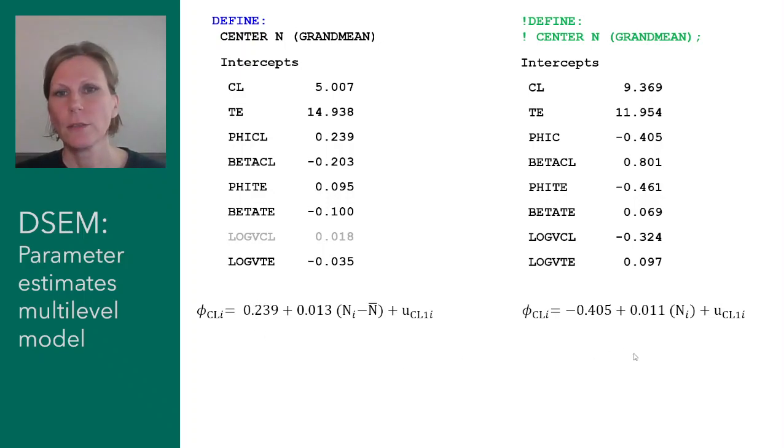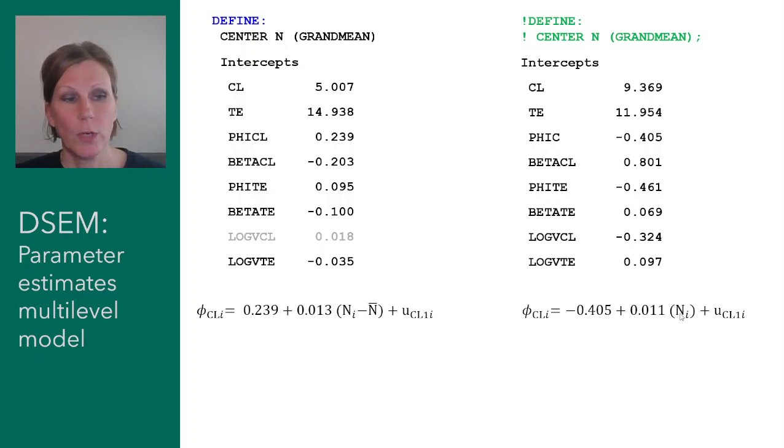If we, on the other hand, look here, we have again the intercept for the phi CL parameter. That's this parameter over here that was estimated. And now, if we say, okay, we are looking at a person who scores average on neuroticism, it's just filling in n bar here.